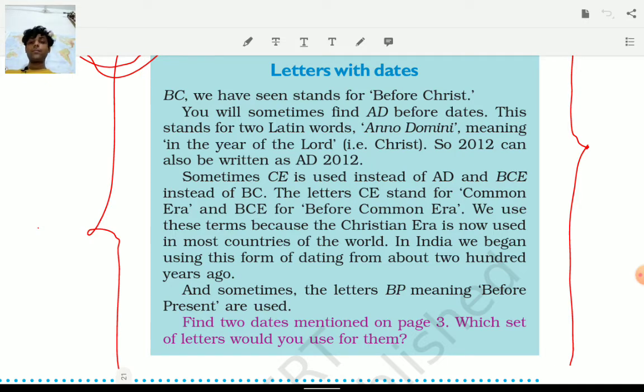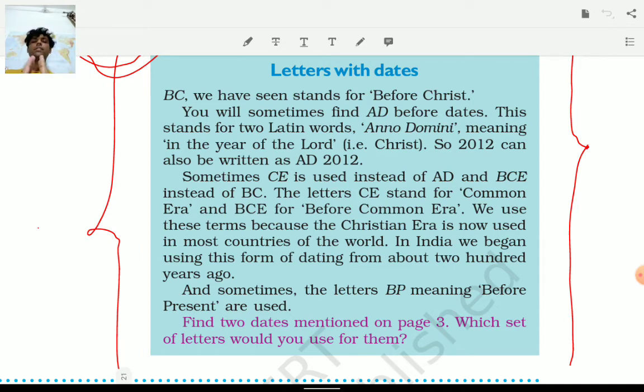And sometimes CE also has been used instead of AD, meaning Common Era. So instead of AD, the letters CE stand for Common Era, and BCE for Before Common Era. These are the important terms that you need to keep in mind: what BC refers to, what AD refers to, and when BCE has been used.